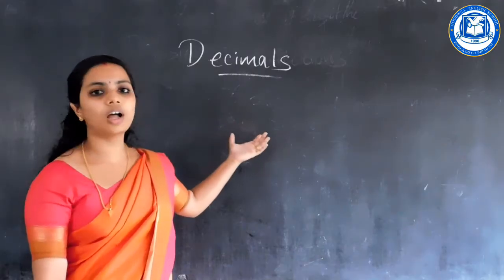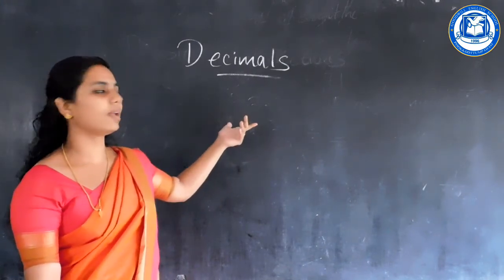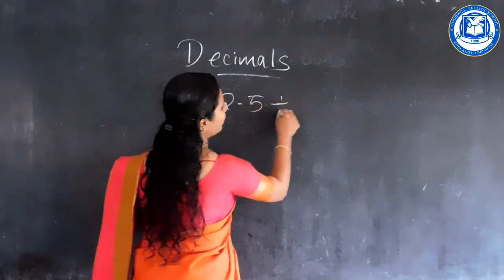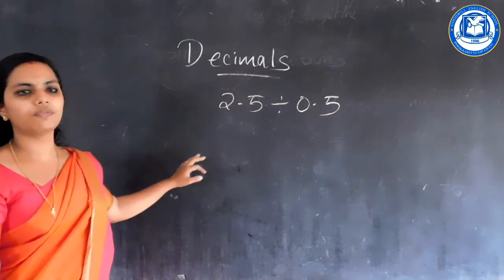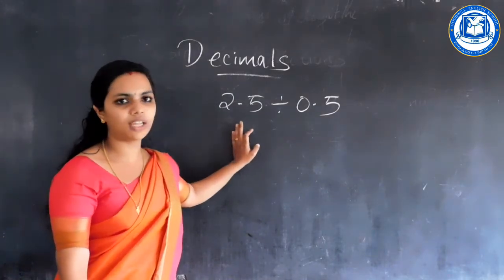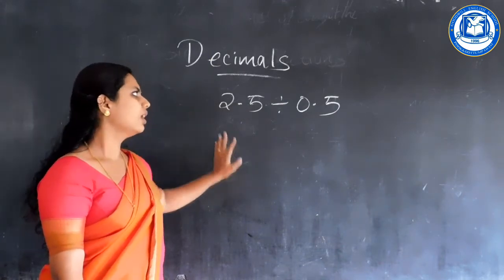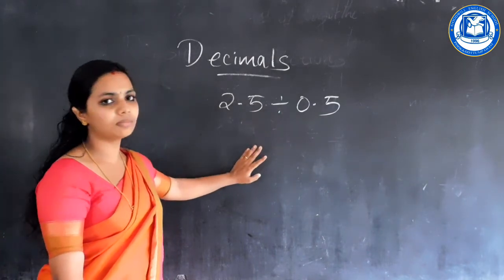Okay, now we can look at how we can divide two decimal numbers. For example, 2.5 divided by 0.5. As we have told in multiplication, here also we must change this decimal number into a fraction. Here after the point there is only one number, so the denominator will become 10.